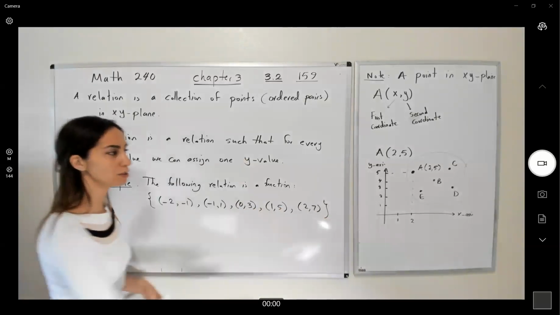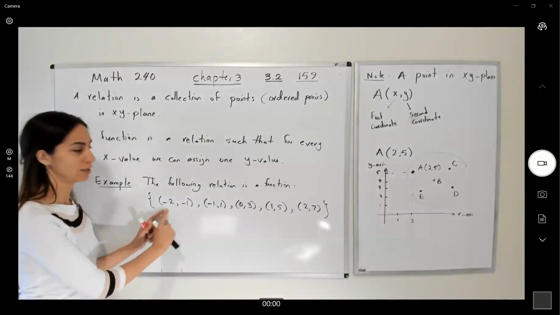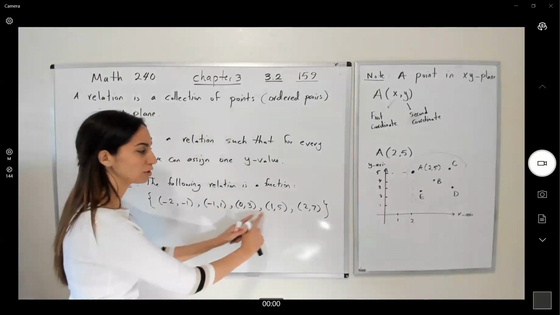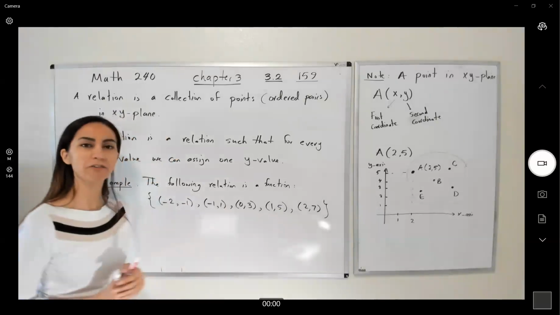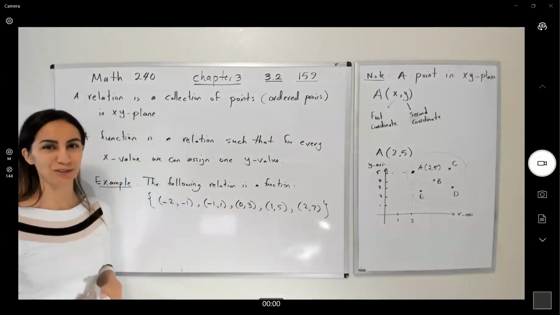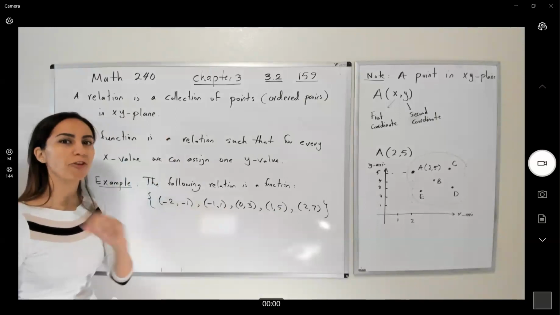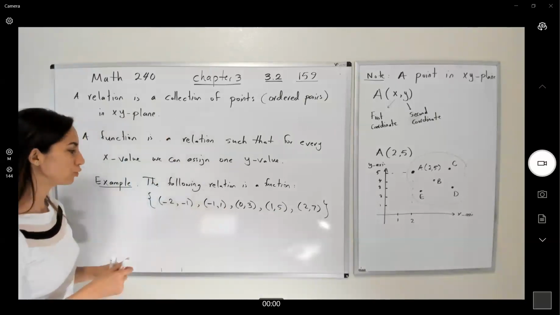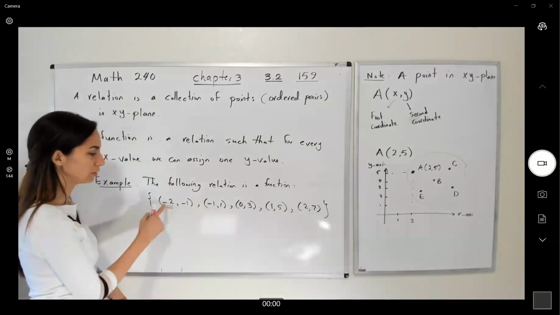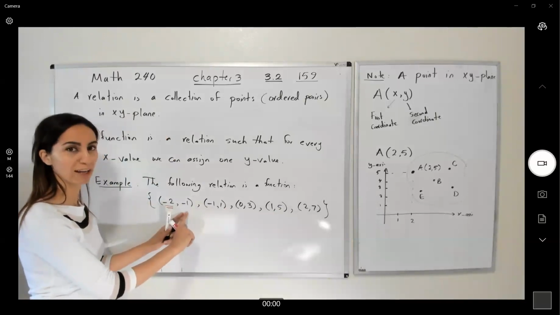Why is that? It's just a bunch of points in the xy plane. The first point, the second point, the third point, the fourth, and the fifth point in this collection. This is a relation. So we're going to make sure this is a function as well. To each x value, like -2, you assign one y value.